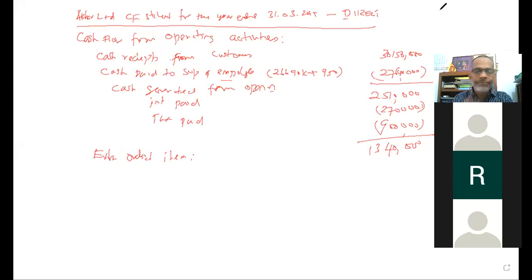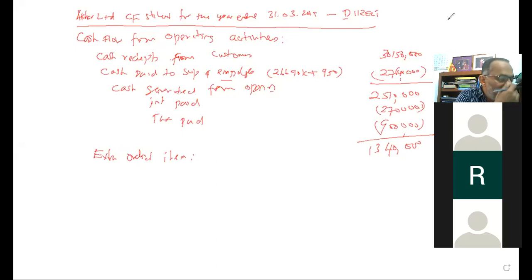This is not a normal item. Due to the normal activities, when we are receiving cash or paying cash, it would be recorded under operational activities: purchase, sales, employees, income tax, interest. But if there is any payment or receipt of cash due to unexpected or extraordinary activities, or we are not expecting that much cash to be received or paid, it would be recorded under the unexpected or extraordinary item.